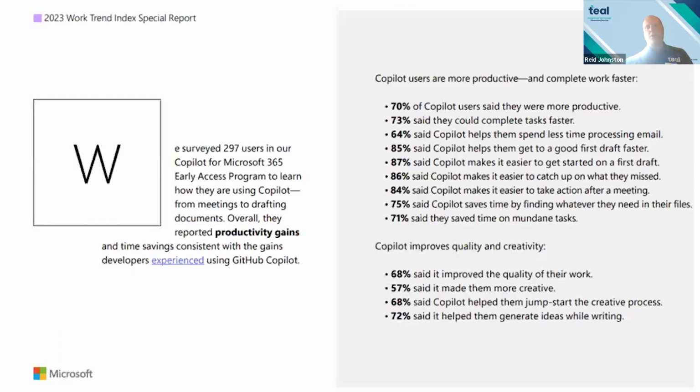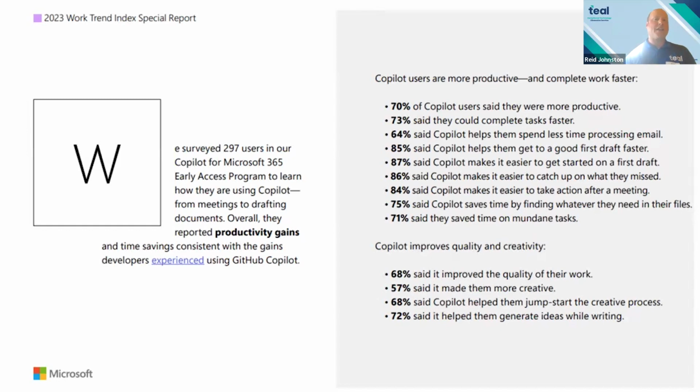The next thing I want to share is some stats that were found during the review that Microsoft did when they released Copilot to large enterprise. You can see here that many of the respondents that were surveyed said Copilot has helped us. 70% said they're more productive.